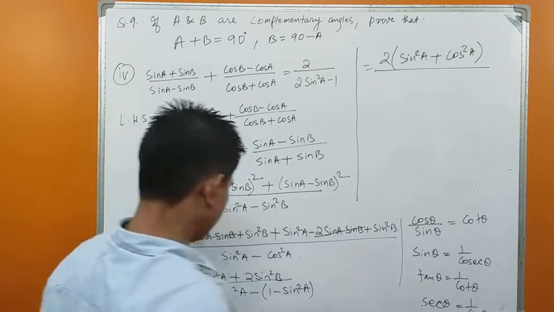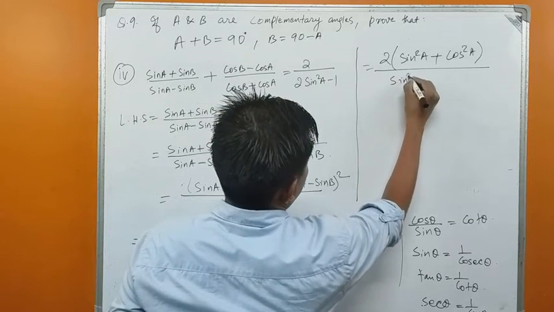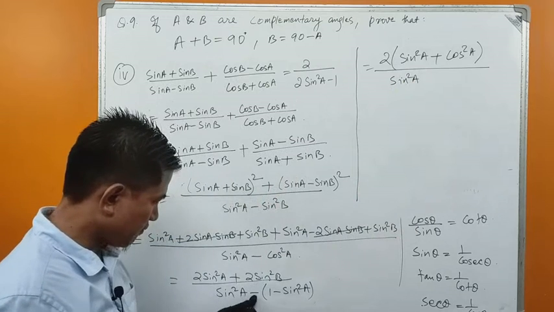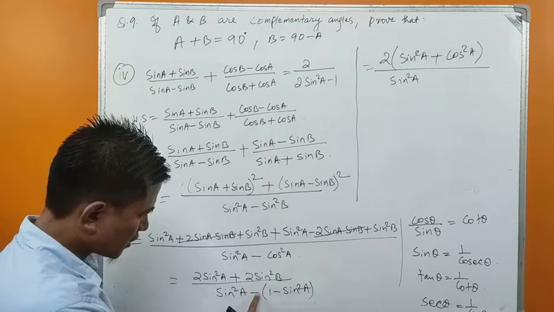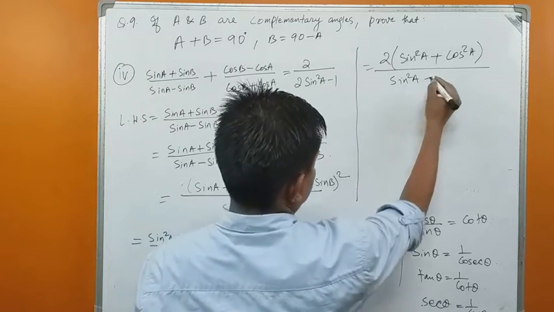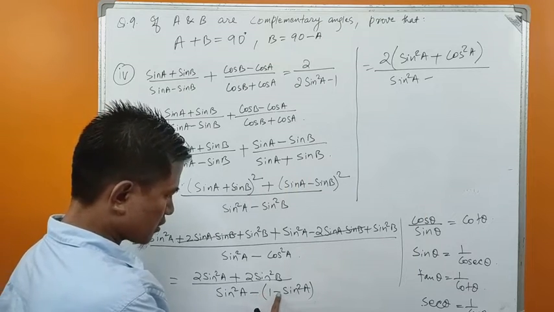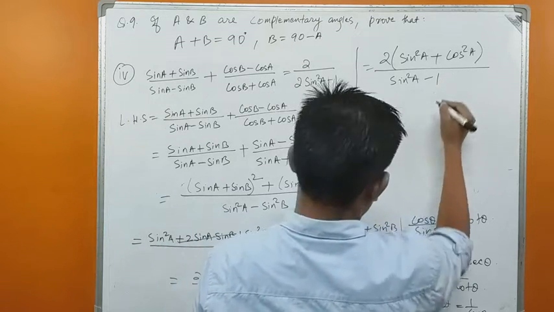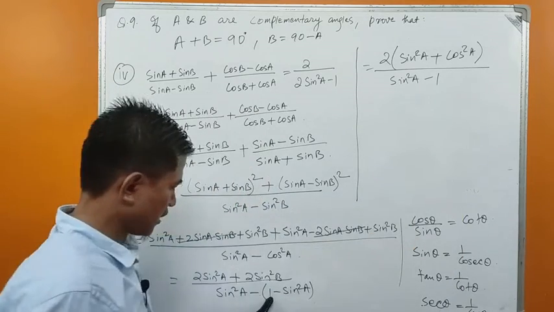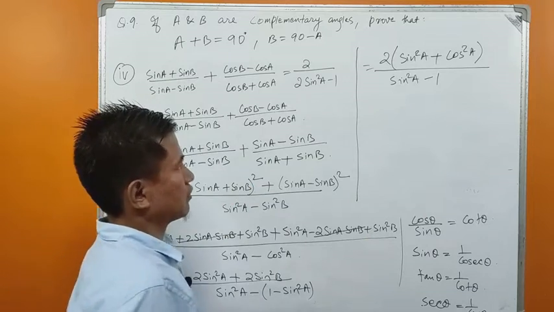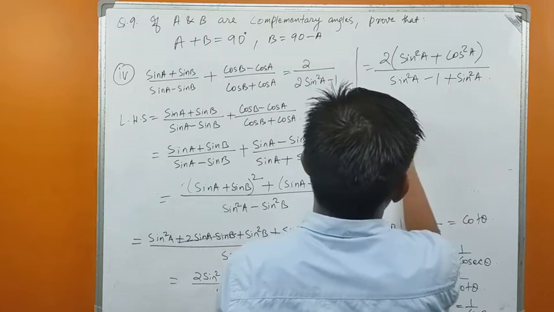In the denominator, sin square a minus into plus. There is a plus sign in front of 1. No sign means plus sign. Minus into plus is minus, isn't it? So minus into minus is plus, plus sin square a. Minus into plus, minus 1. This 1 comes here. So minus into minus, plus sin square a, plus sin square a, isn't it?